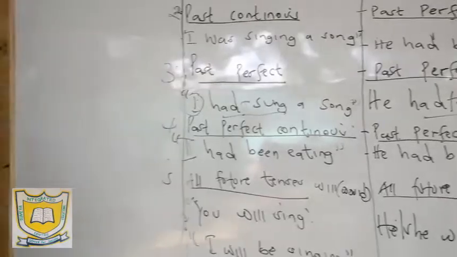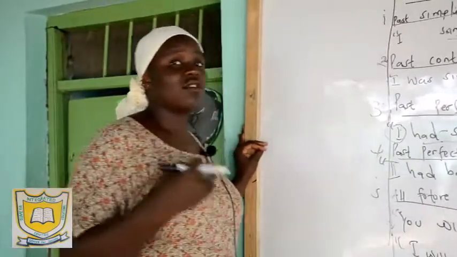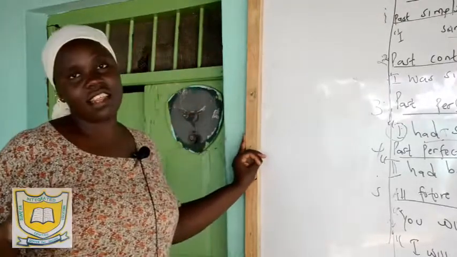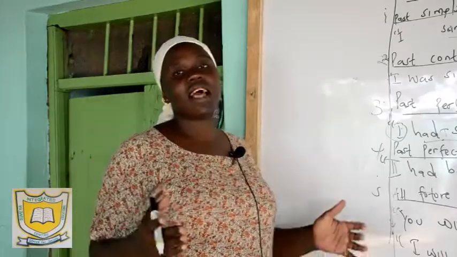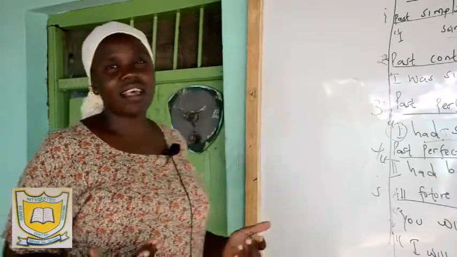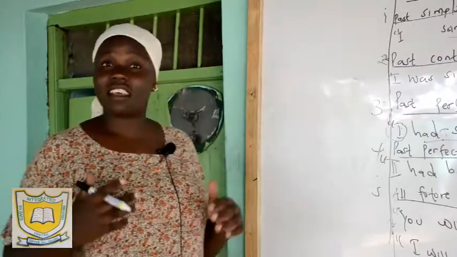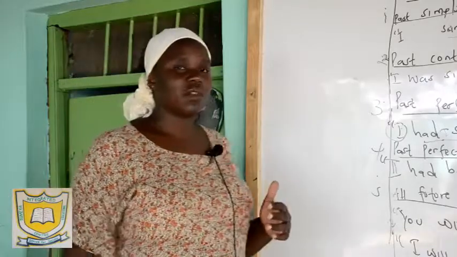How are you going to be in a position to change these sentences from the direct speech to the indirect speech? The secret is one: you simply look at the sentence and identify in which tense the sentence lies. What does that also mean? It means that you have to be conversant with the tenses. I'm saying that because people do not know the difference between tenses.